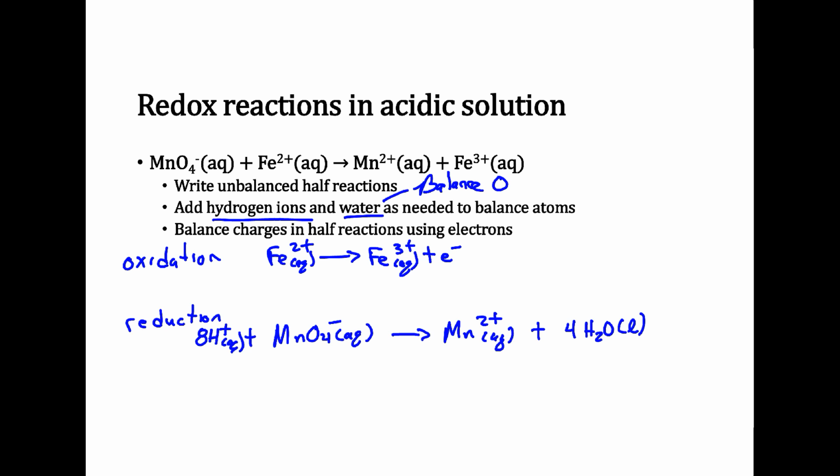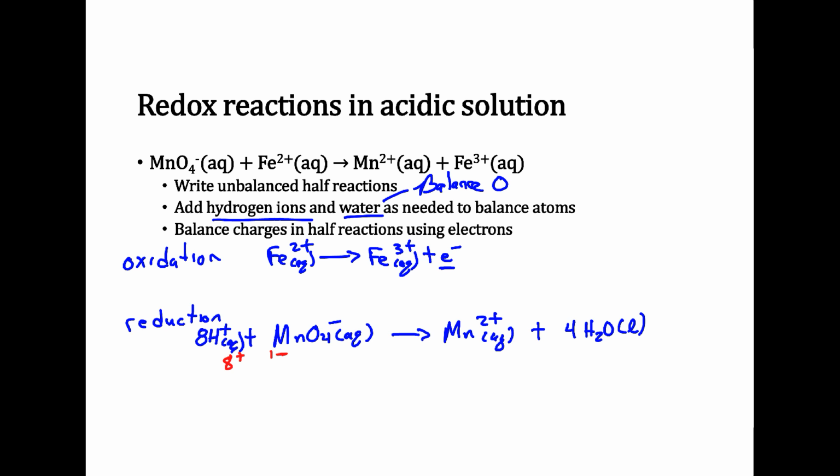All right, so now that we have the hydrogens and the oxygens balanced, we need to make sure that we balance the charges. We can do this by adding electrons. We already did this in the first example by adding the electron in the products, but down here we can look to see what the total charge in the reactants is versus the total charge in the products. On the left-hand side of the reaction, we have 8 plus from the hydrogen, and then a 1 minus from the MnO4 minus.